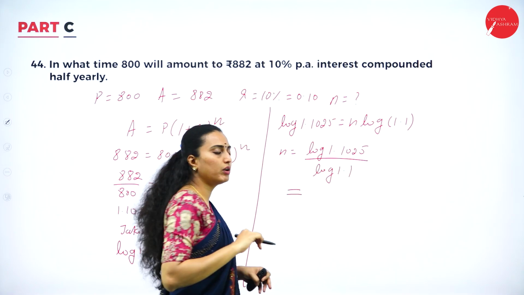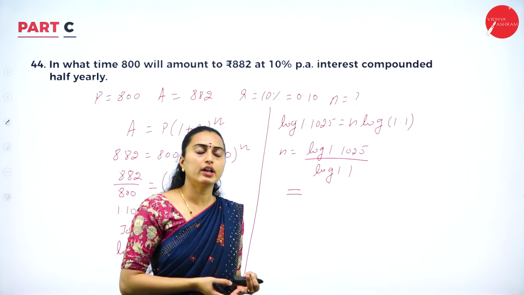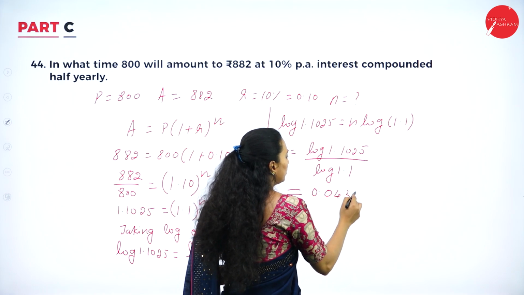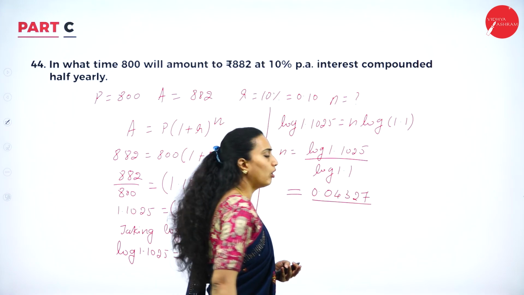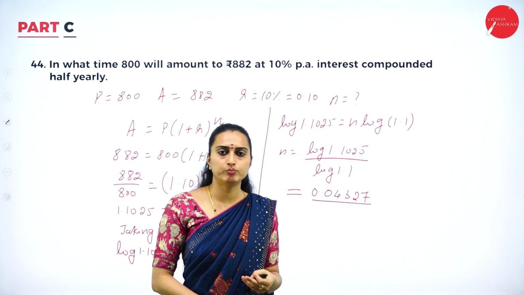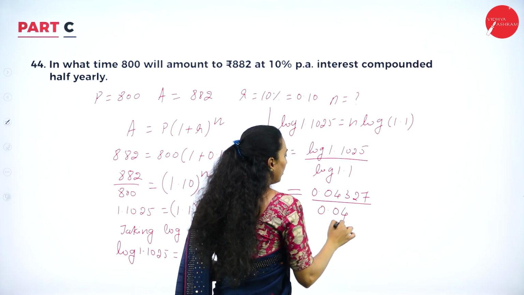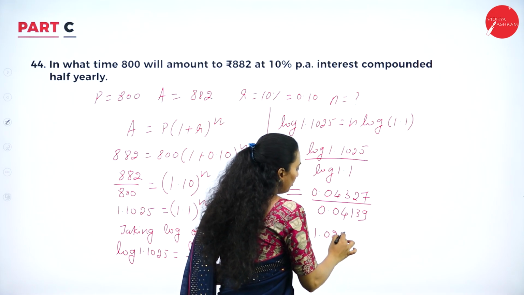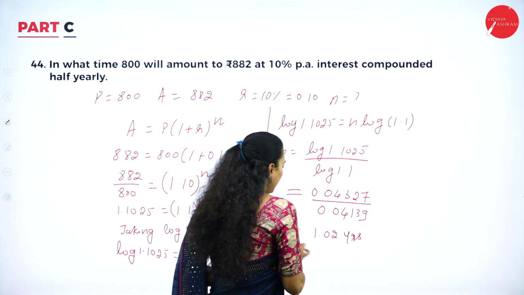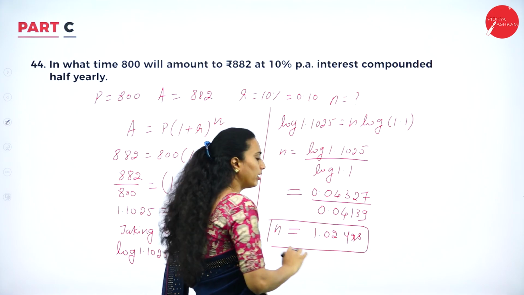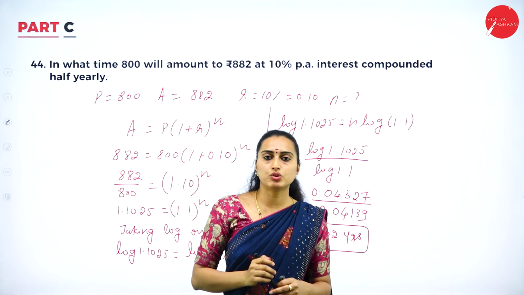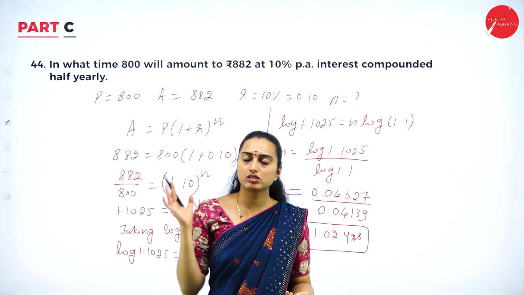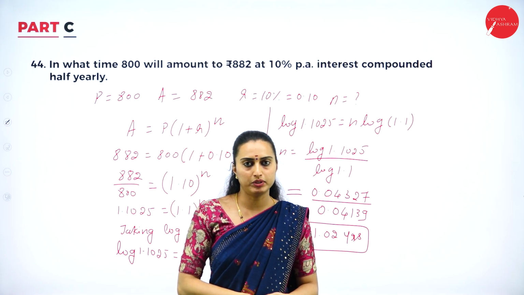The value of log 1.1025, according to the log table, you are going to get as 0.04327. Similarly, log 1.1 gives you the value 0.04139. So when you calculate this, 1.02 years will be the n value. So the number of years required is 1.02, which you can write as round of 1 year. Got it? So this is how you are going to calculate the problem, dears.